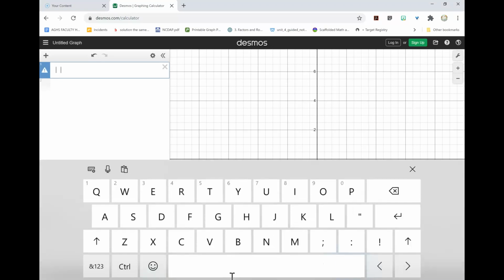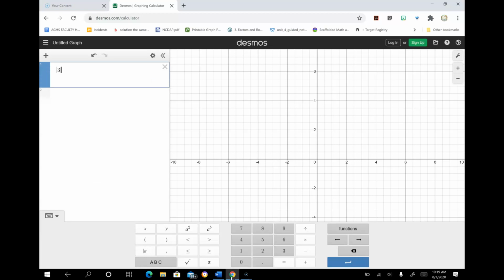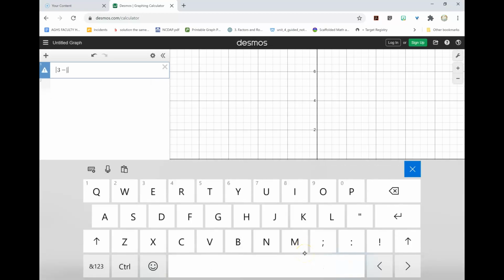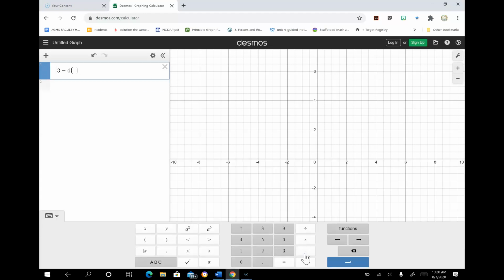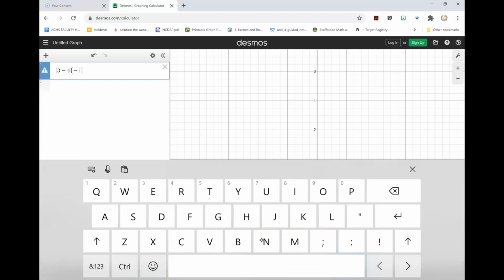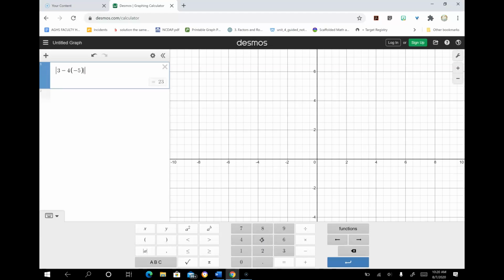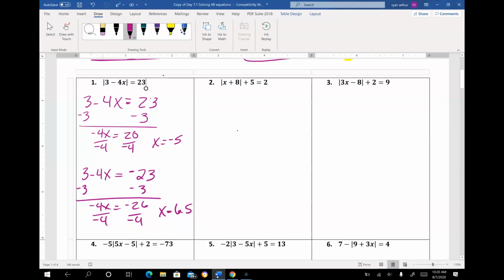So we are going to say 3 minus 4 times, plug in negative 5. Okay? And we got 23. And that's what we wanted. We wanted it to give us 23 when we plug it in. So negative 5 is a solution.